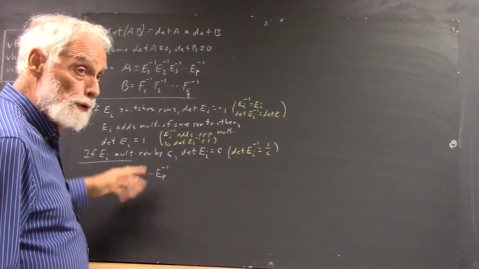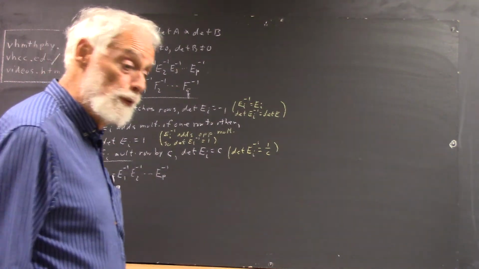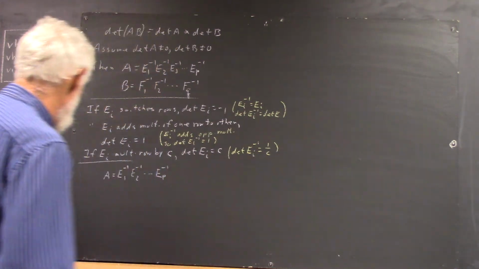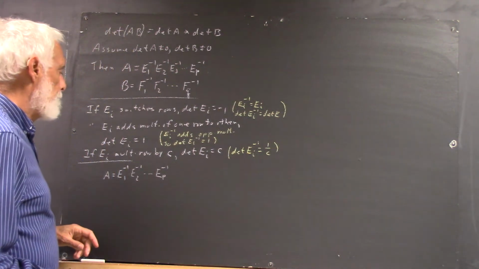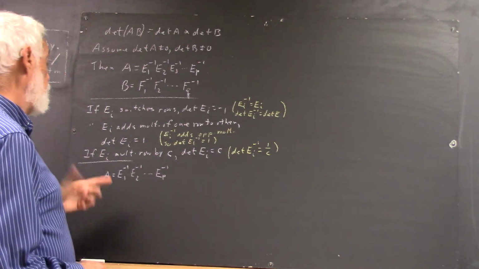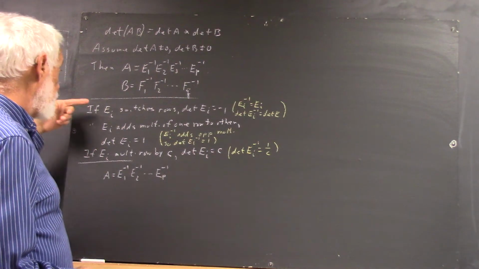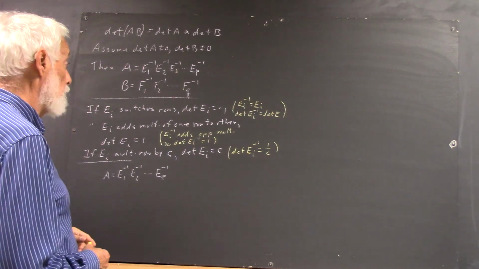And the matrix E2 is the second operation, matrix E3 is the third operation, and so forth. Some of these matrices could be switches of rows.